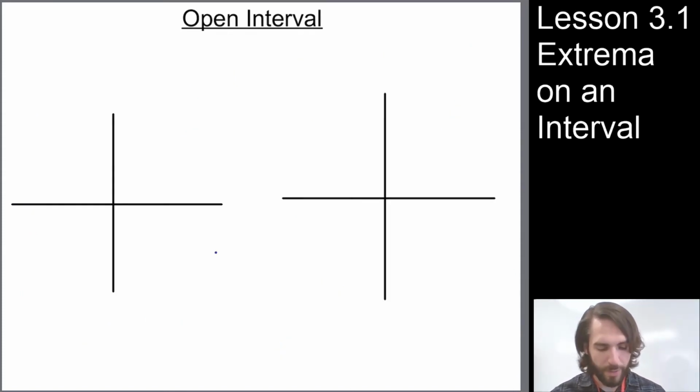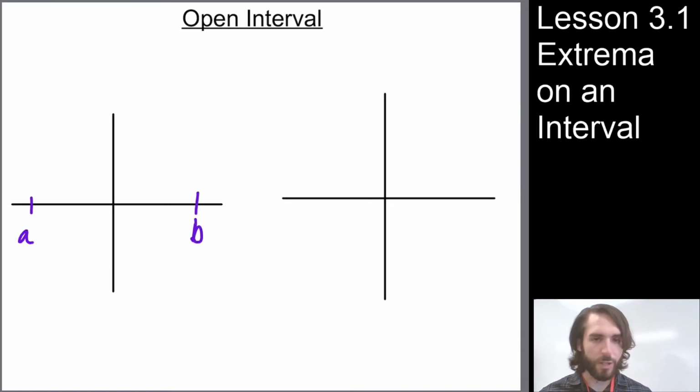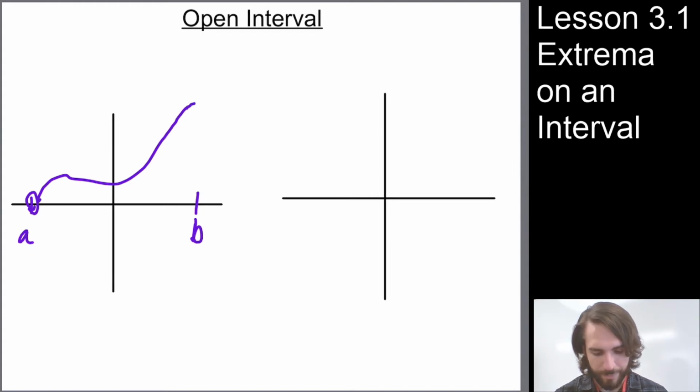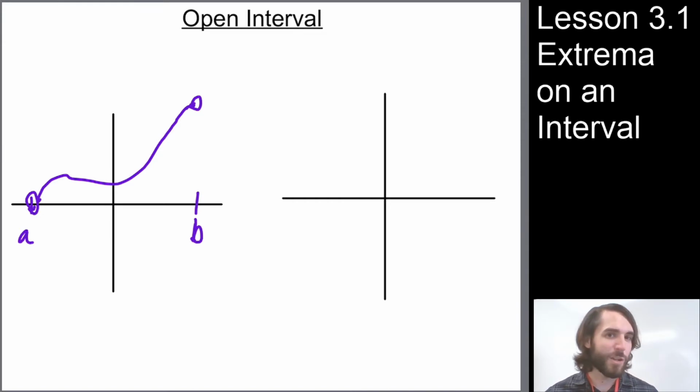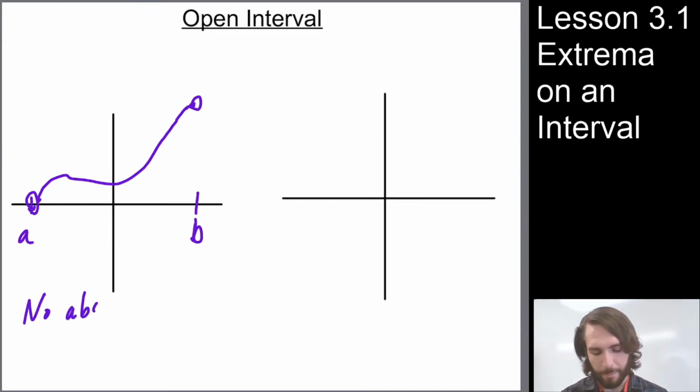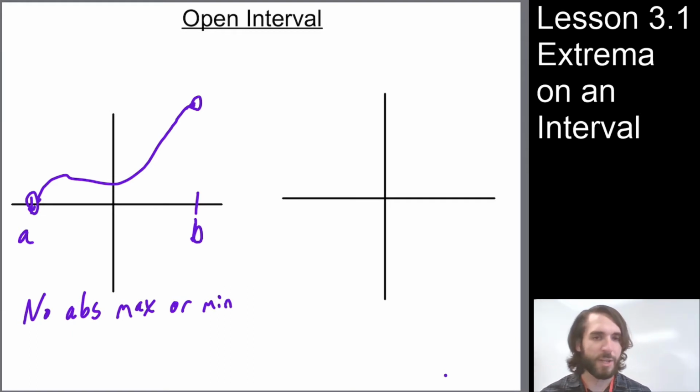Let's say we have an open interval, a and b, so the a and b are not included in our interval. And so we have a hole at a, and we'll draw kind of the same kind of function here, a hole at b. So here there is no absolute maximum or minimum value. That's sort of hard to wrap your head around unless you start thinking about limits again.